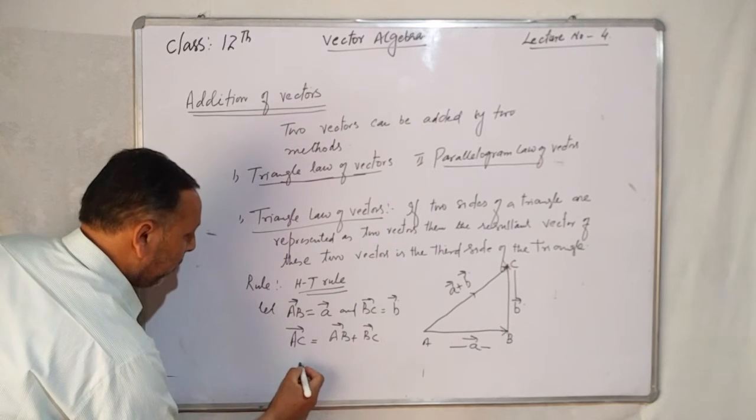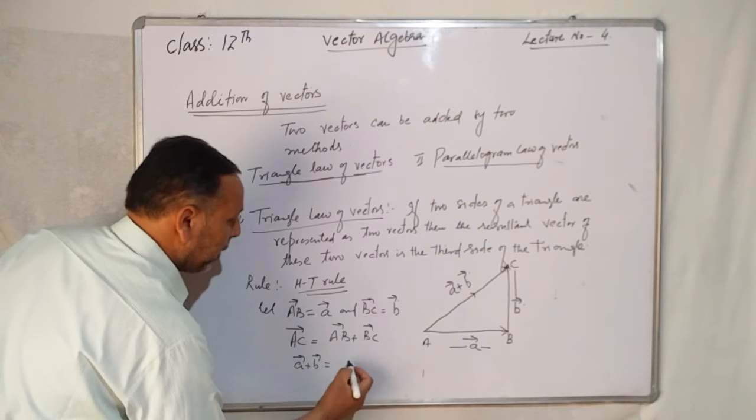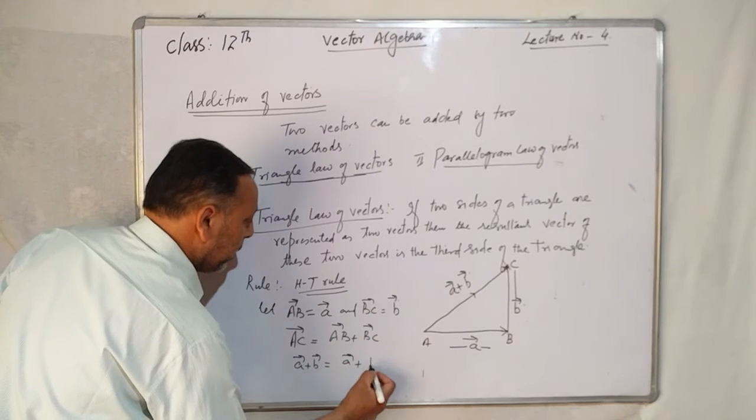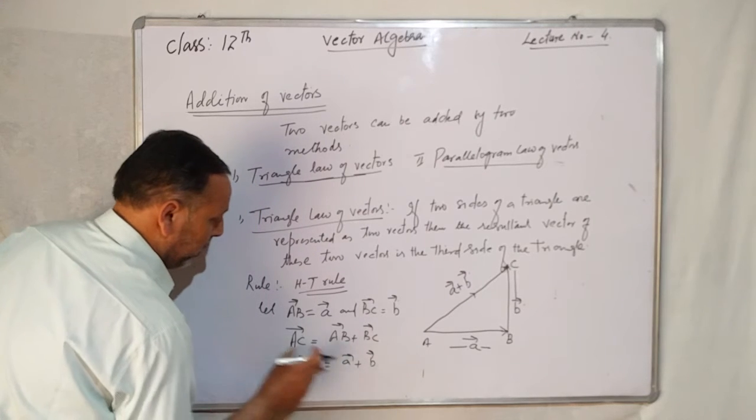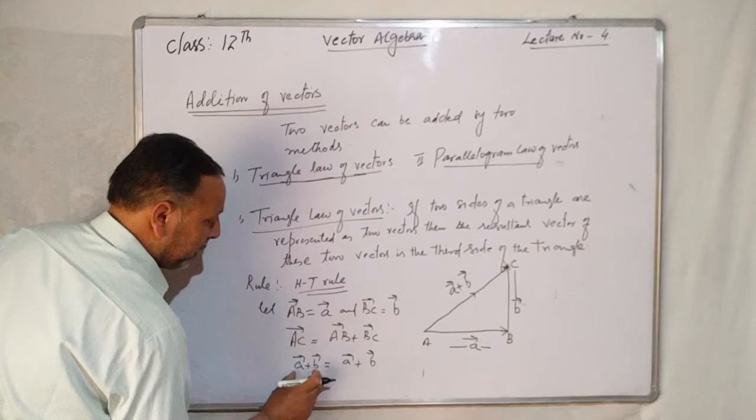That means vector A plus vector B is equal to vector A plus vector B. The sum of these two sides of a triangle is the resultant vector, the sum of two vectors.